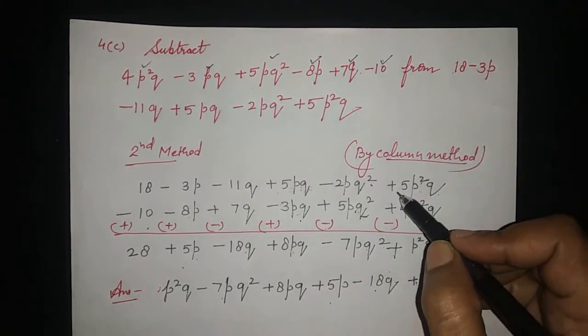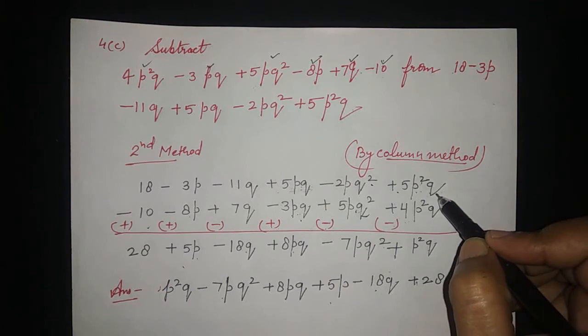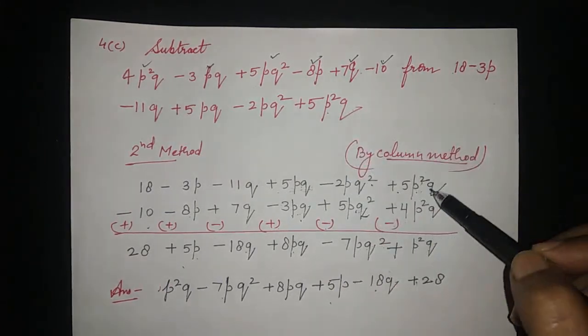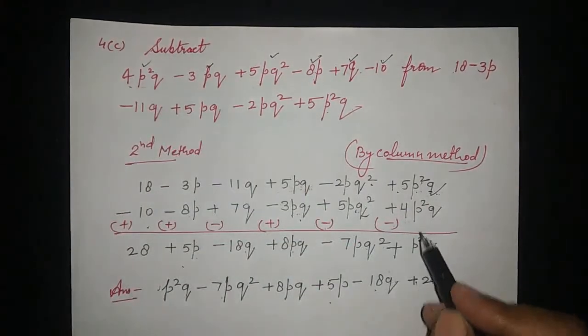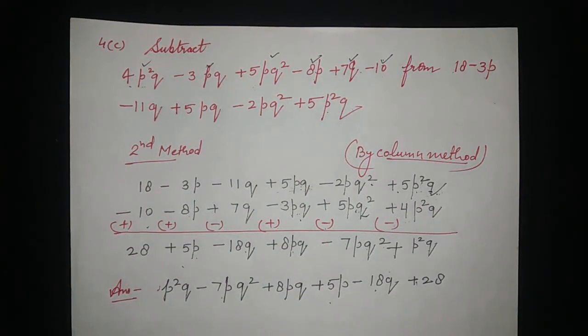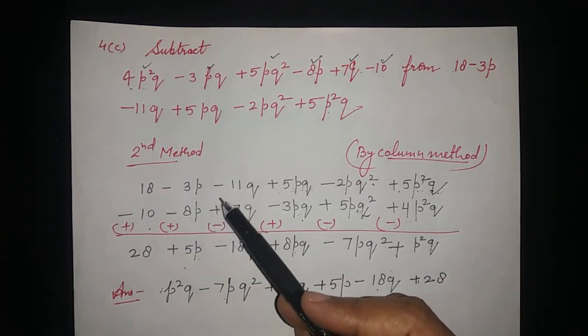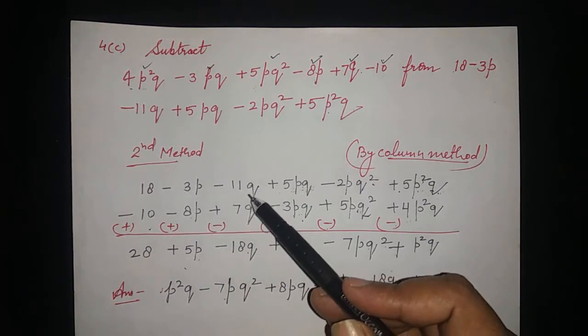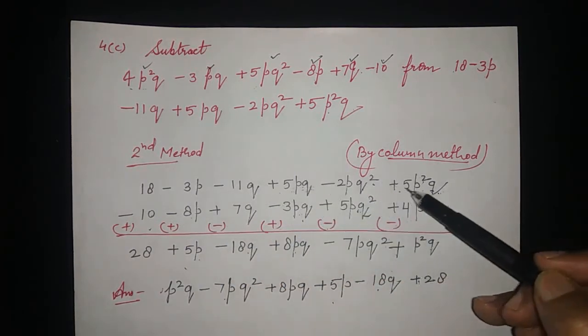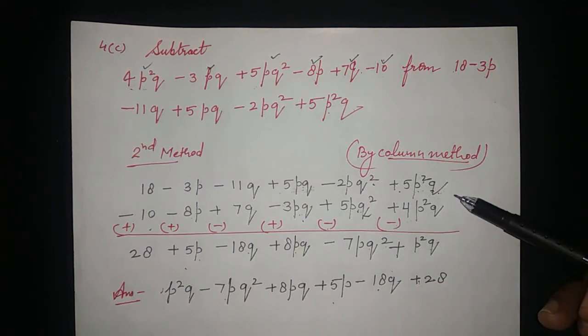And below 5p square q, we have to write this 4p square q. Now you can see I have written all the like terms column wise. Okay.